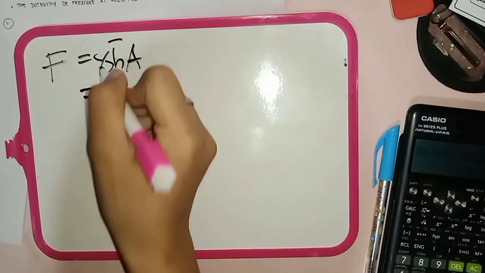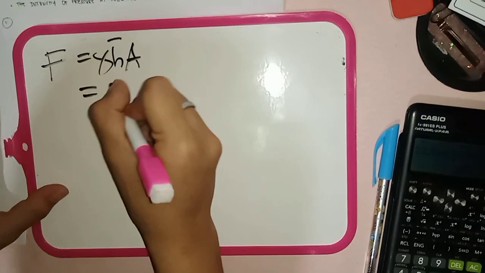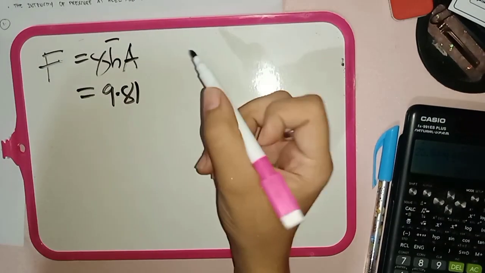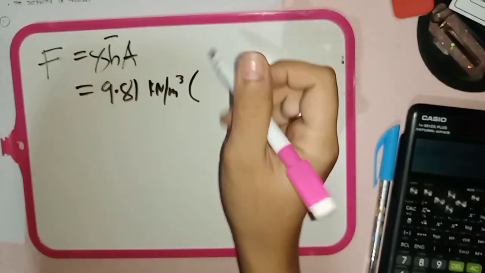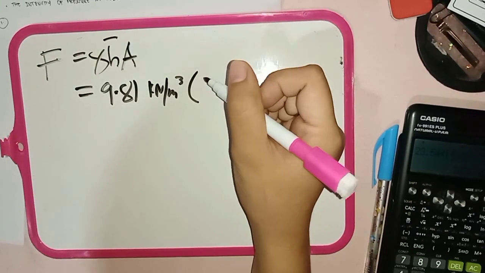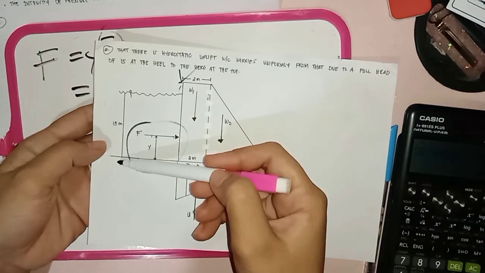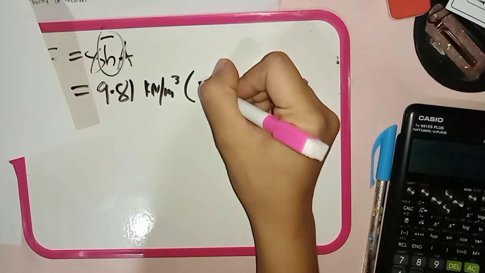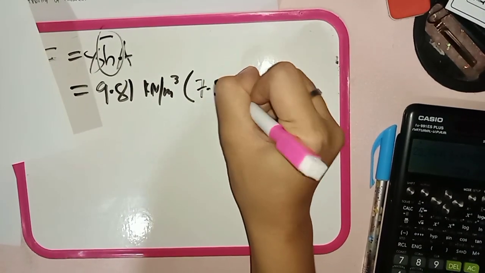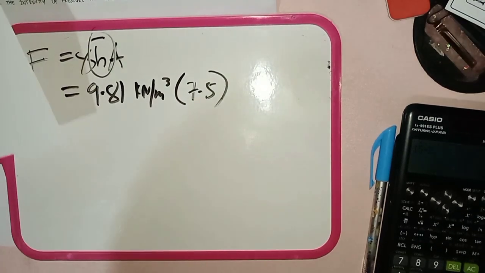So our unit weight here will be 9.81 kN/m³ for water, since it is measured from the water surface, times our bar H, which is just half of our water height of 15. So 15 divided by 2 equals 7.5.